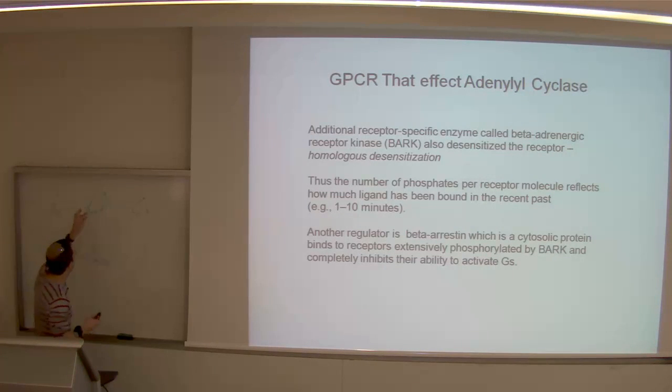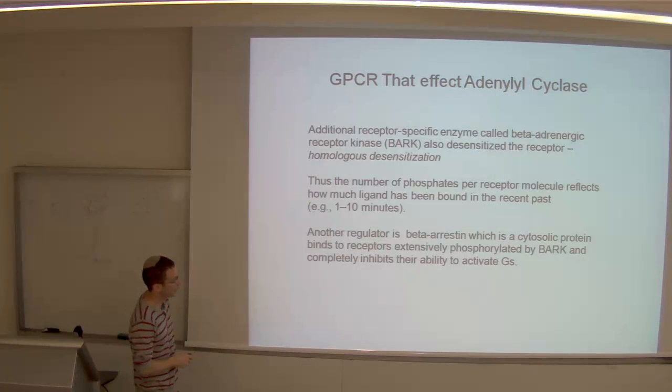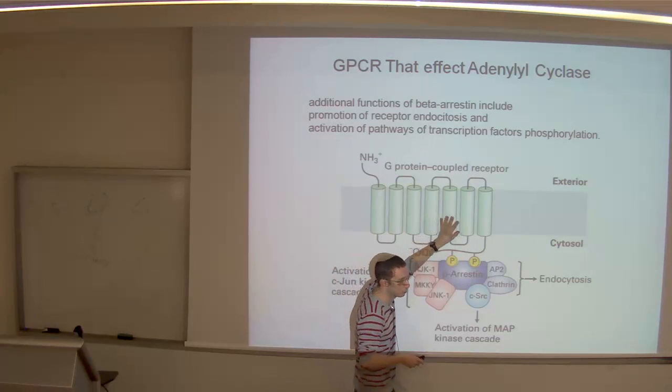Now, if the beta-adrenergic receptor is phosphorylated enough, there's another cytosolic protein that joins the party. It is called beta-arrestin. It recognizes extensively phosphorylated beta-adrenergic receptors, and while it joins the party, it completely shuts off any further signaling through this receptor.